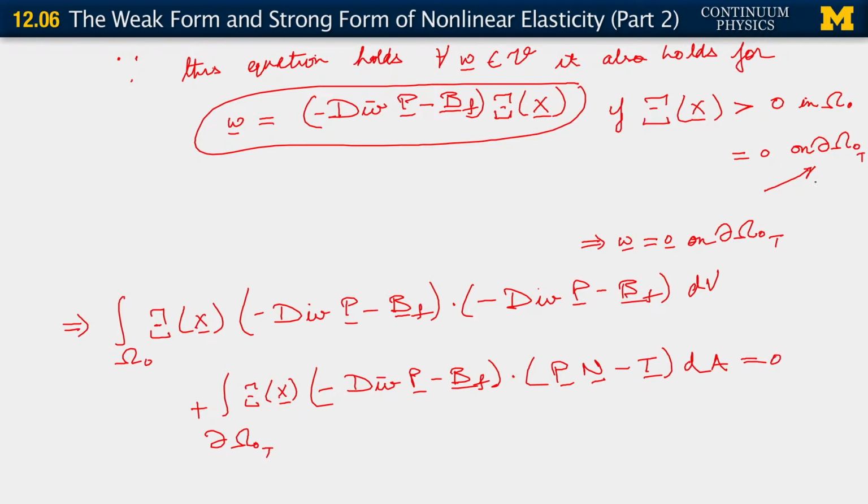But then remember this fact here, chi vanishes on the boundary. Chi vanishes, and in fact we've chosen it to vanish just on the traction boundary.